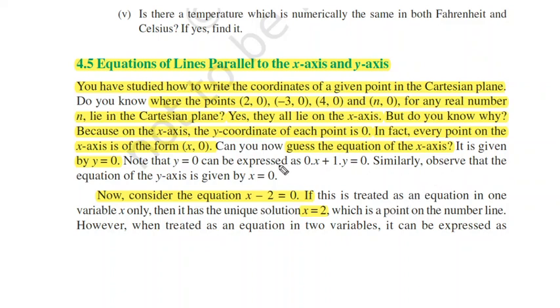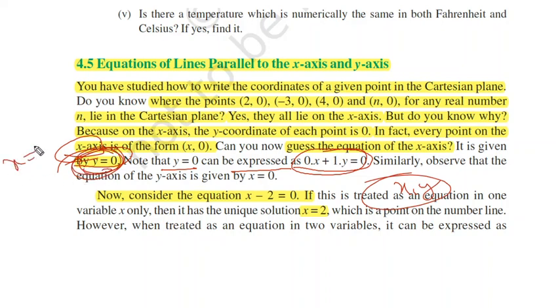Now for the x-axis the equation becomes y equal to 0. This can also be represented as a linear equation in two variables, because we have to plot this graph on a Cartesian plane, and for that we need x coordinate and y coordinate. If it is y equal to 0, where is x?